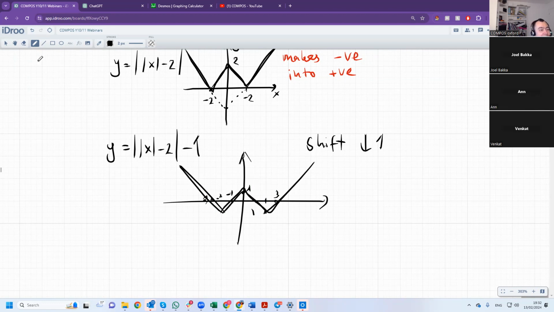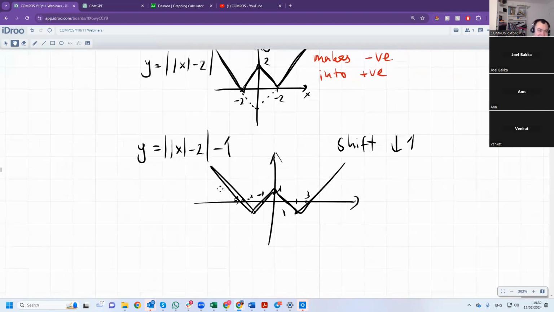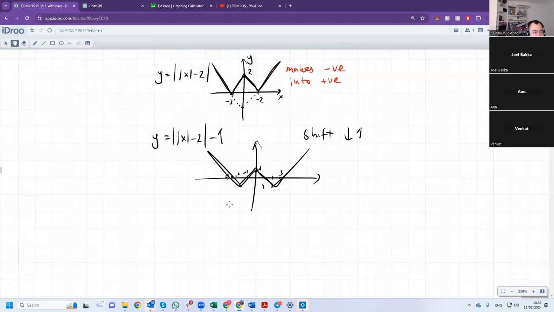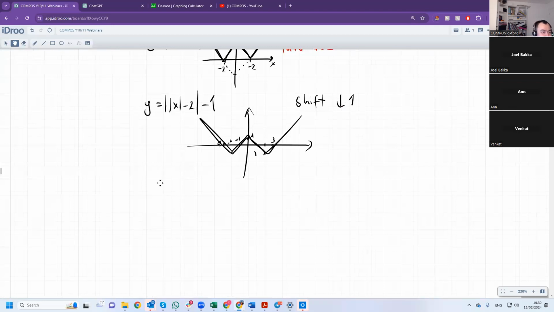That's 1. And then finally, we do the modulus. So once again, we turn the negative, minus 2, minus 1, and then another modulus here. We turn negative becomes positive. So we take the same thing.